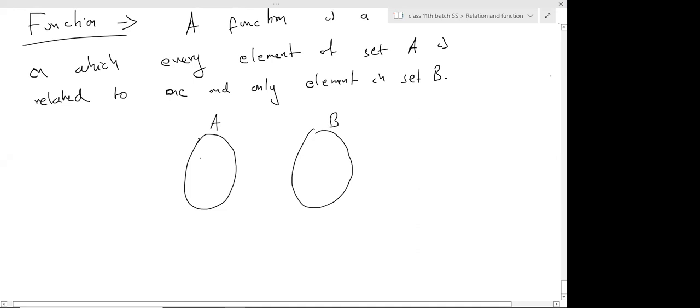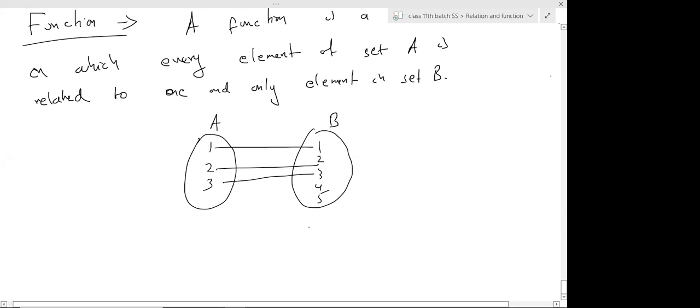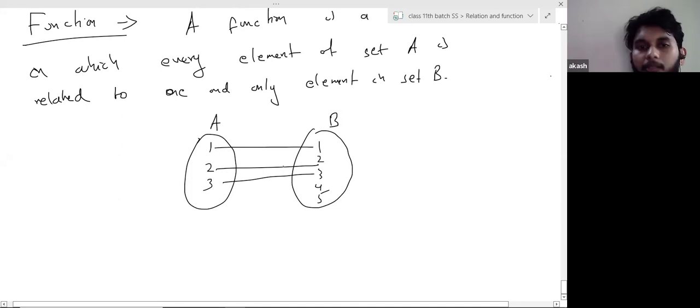All right. Suppose I give a set A. If I ask you if this is a relation or not, what will you say? Yes, this is a relation. 1 is related to 1, 2 is related to 2, 3 is related to 3. Now, what is a function? A function is a relation.